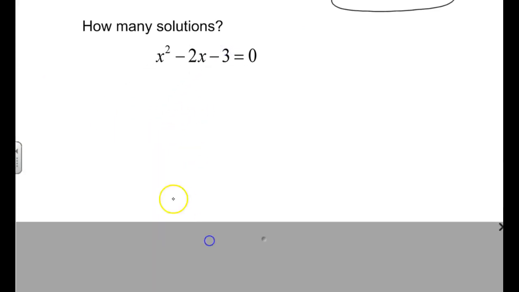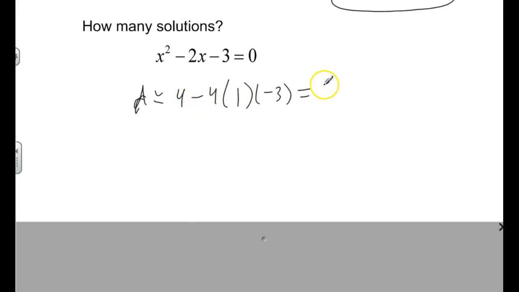And one last example here. This is a pretty normal case actually. Let's find the discriminant. Discriminant equals b squared, which is 4, minus 4 times a times c, which is -3. That's 4 minus 4 times 1 times -3, which is -12. Subtracting a negative, 4 plus 12 is 16.